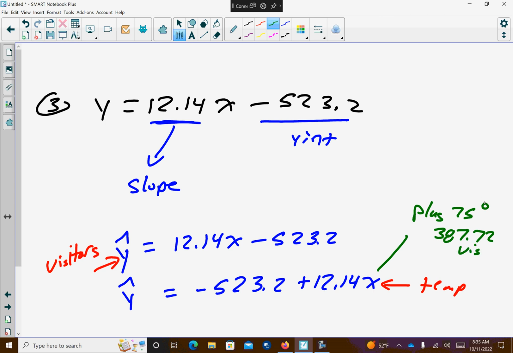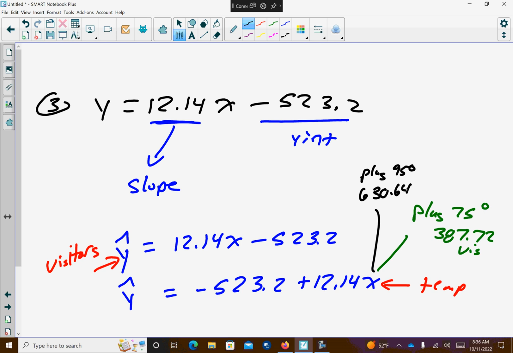Okay, if you wanted to figure out how many there would be with 95 degrees, you could plug 95 in, and that would tell us that we have 630.64. And then, to what extent do you trust your predictions? The correlation shows a strong linear relationship, so we could trust the predictions.